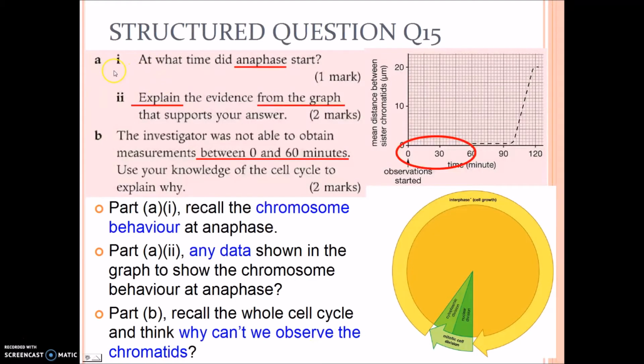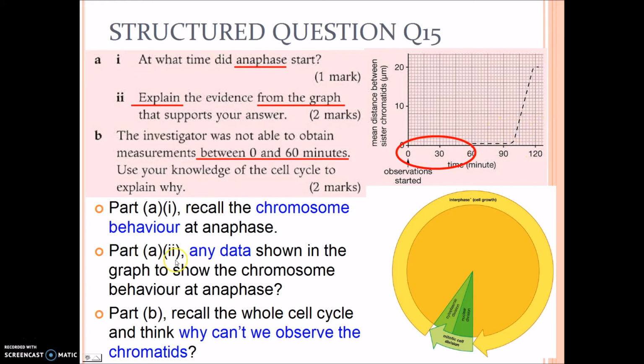Luckily, when you read question part A, you will know that it is anaphase, because at anaphase the chromatids separate from each other to the opposite pole of the cell, right? So we call it the chromosome behavior at anaphase. It can help you determine the time for the anaphase to start.